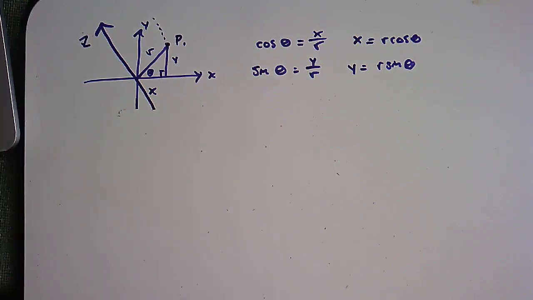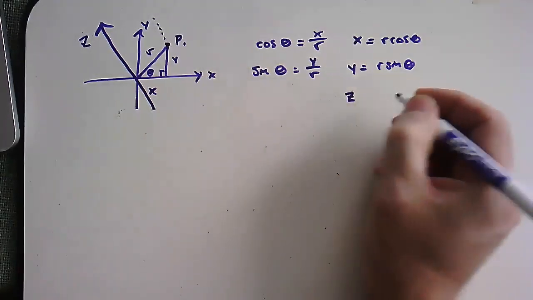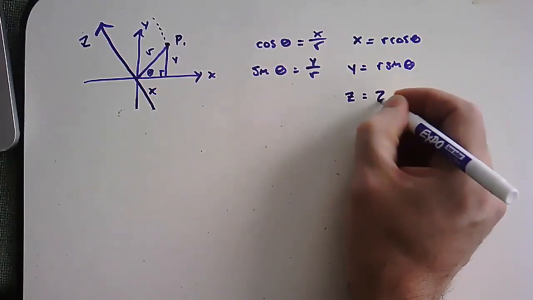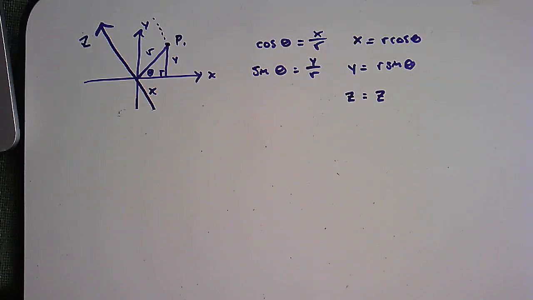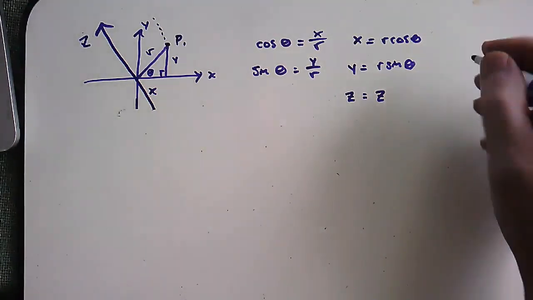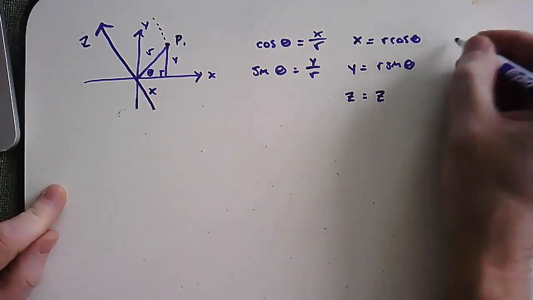So for the conversion between Cartesian and cylindrical coordinates, we use the same two for x and y, and then we're just adding a z coordinate, and so z is just whatever the z value is. There's no conversion needed. One important thing when we're working with polar coordinates is to think about what happens to that area differential.